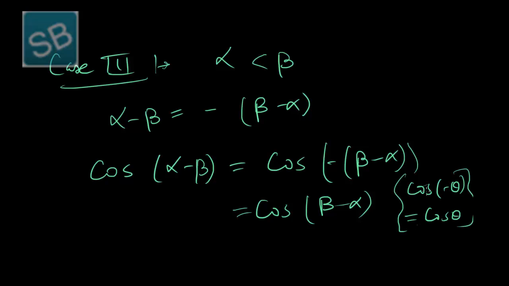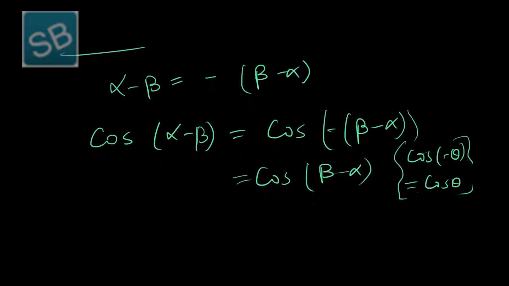That is a property of the trigonometric cos function. So as in case 1, if the first angle is greater than the second angle, then the result holds. Therefore it becomes cos beta cos alpha plus sin alpha sin beta.